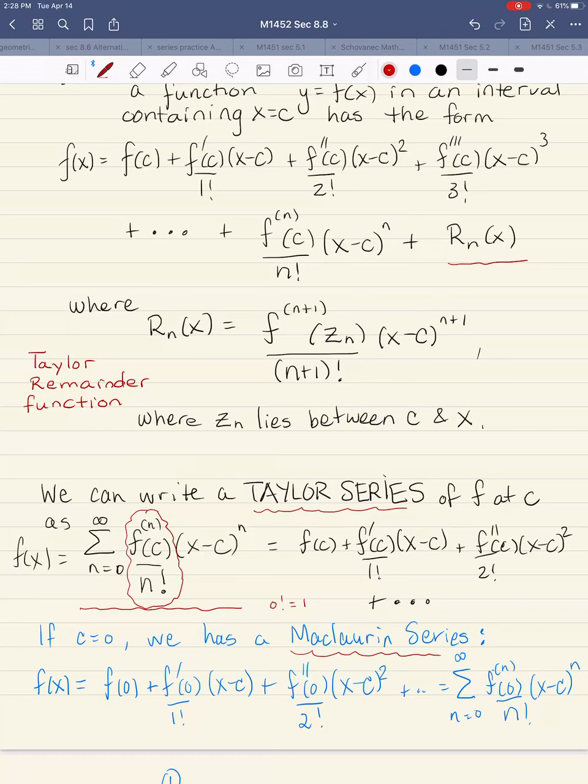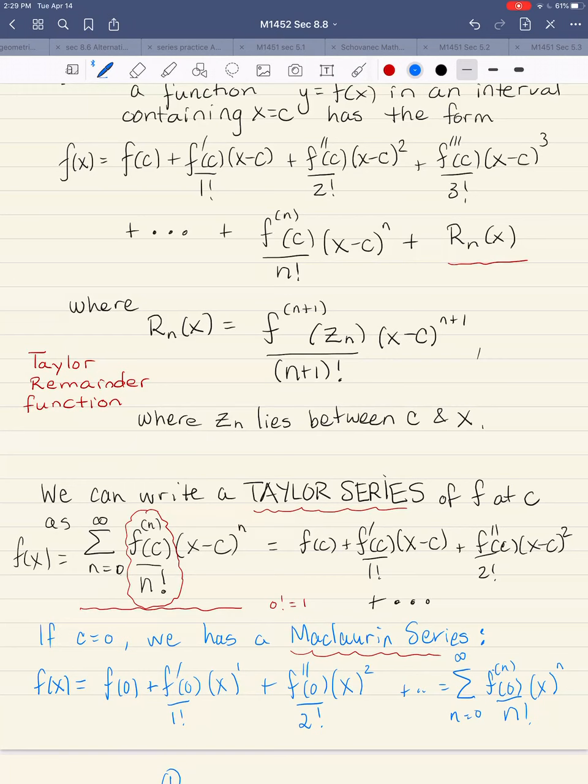Now, if you replace c with 0, we have something called a Maclaurin series. So go up there and take all of those. Gosh, I didn't write with c is equal to 0. I want c to be 0. So all those terms would be gone. X to the first, x squared, and this would be x to the n.